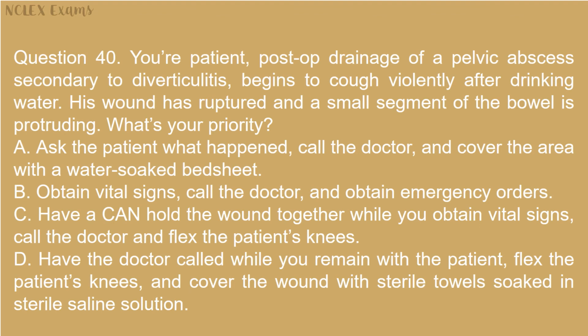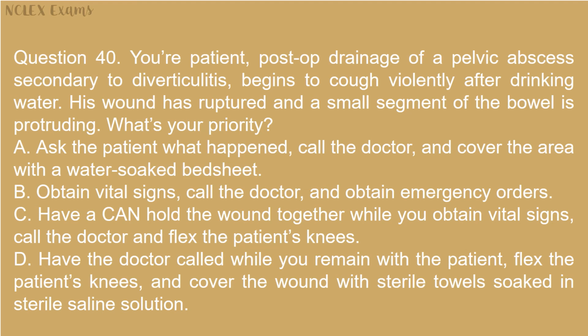Question 40. Your patient, post-op drainage of a pelvic abscess secondary to diverticulitis, begins to cough violently after drinking water. His wound has ruptured and a small segment of the bowel is protruding. What's your priority? A. Ask the patient what happened, call the doctor, and cover the area with a water-soaked bedsheet. B. Obtain vital signs, call the doctor, and obtain emergency orders.